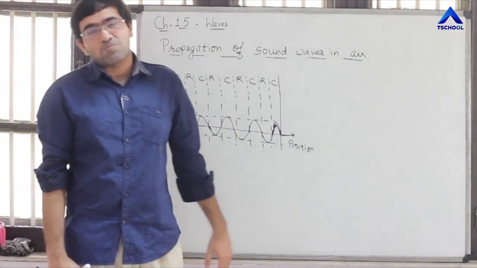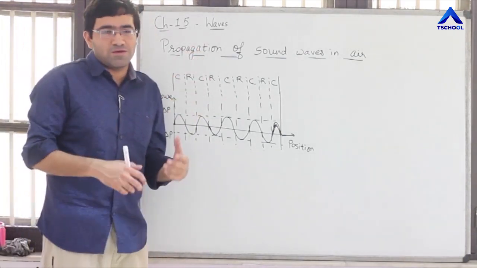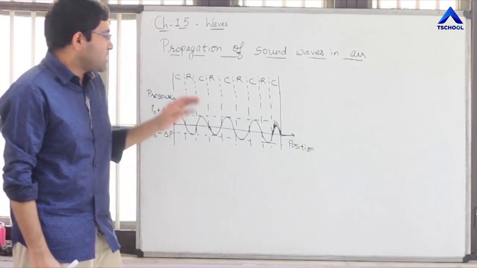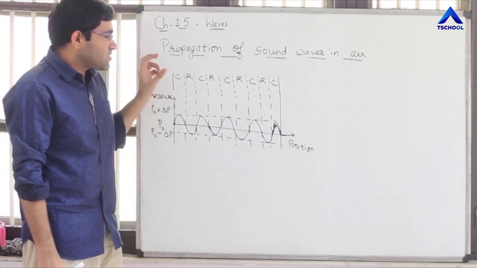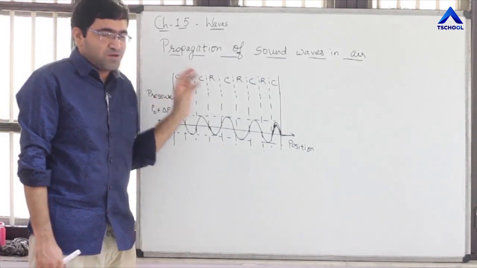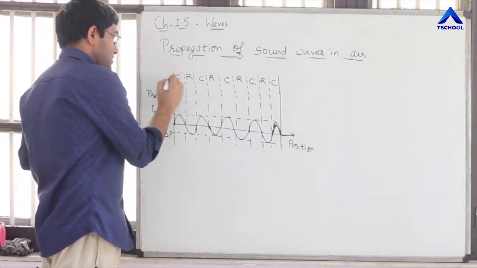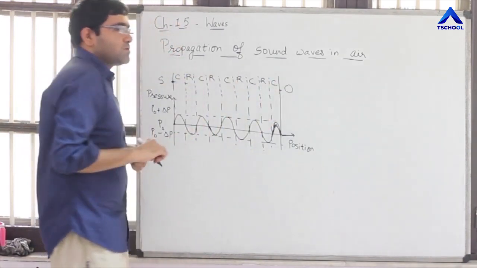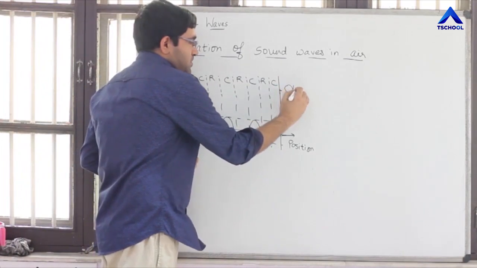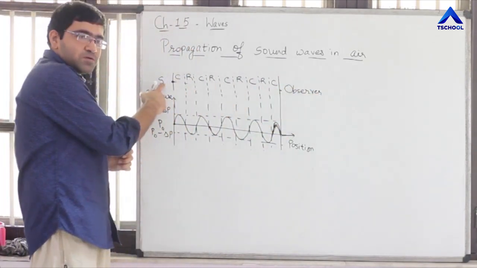Okay, so the next topic that we are going to talk about is propagation of sound or any other longitudinal wave. What I've drawn over here is an indication of the phenomena that occurs while sound passes from this source towards this observer. So let's say there's a person listening to the sound produced by a speaker over here.